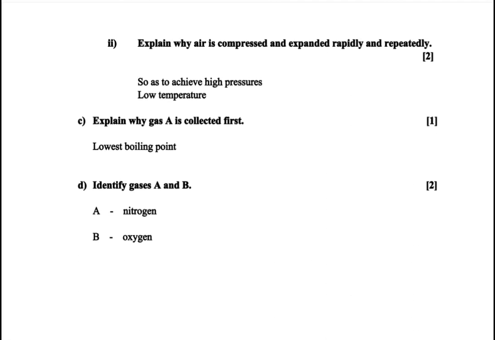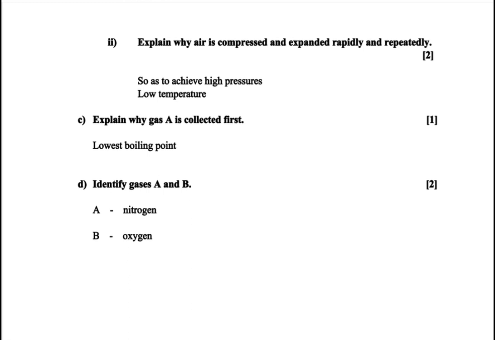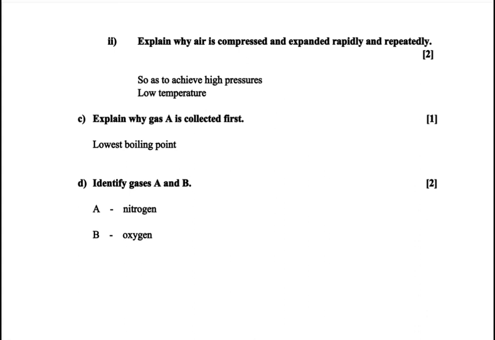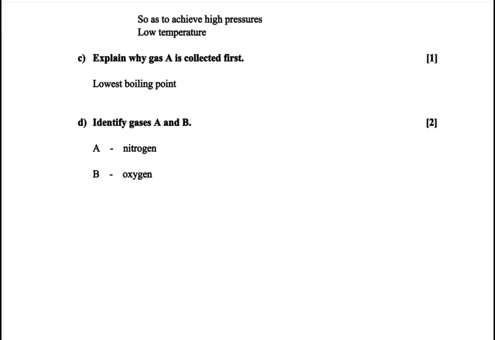So it is compressed because we want the particles to come closer together so that they can turn into liquid, and it is expanded to avoid overheating, so that we can obtain our liquid air at a lower temperature. It is so as to achieve high pressure as well as low temperature.